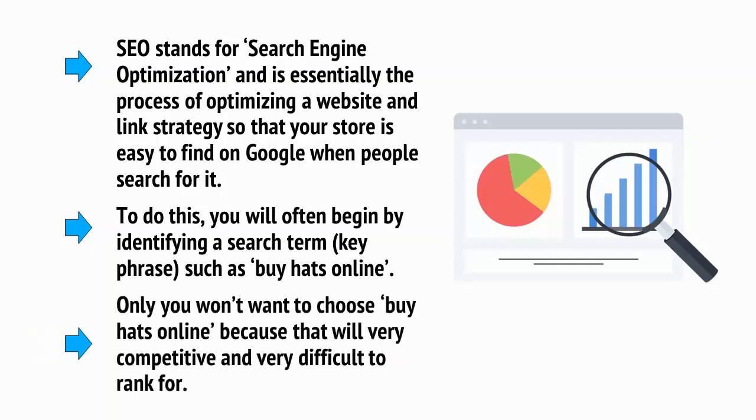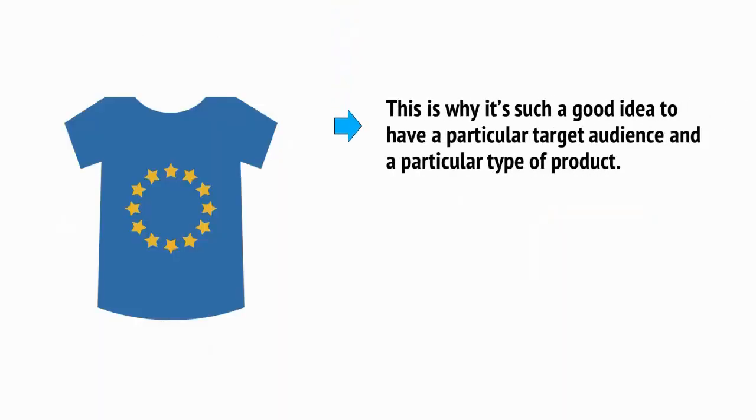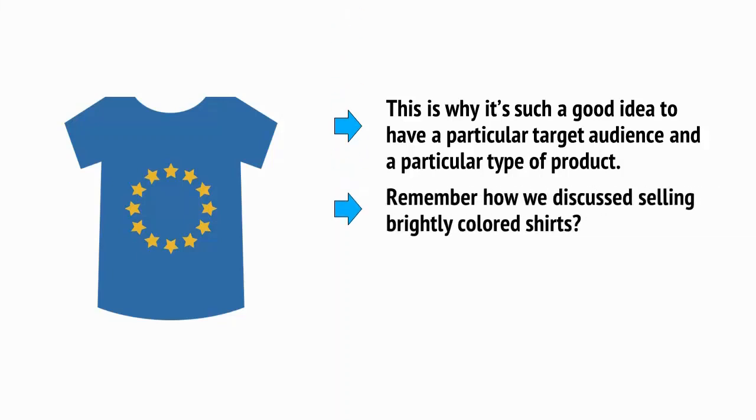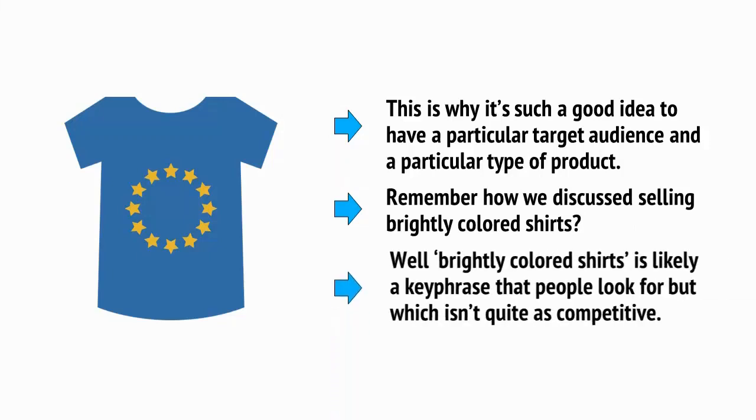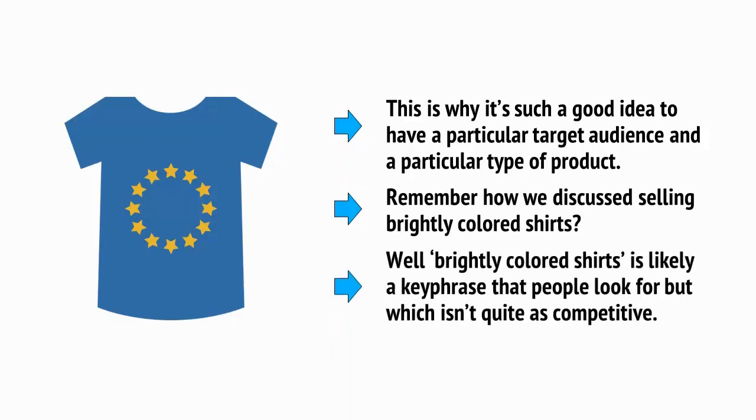Only you won't want to choose buy hats online because that will be very competitive and very difficult to rank for. This is why it's such a good idea to have a particular target audience and a particular type of product. Remember how we discussed selling brightly colored shirts? Well, brightly colored shirts is likely a key phrase that people look for, but which isn't quite as competitive.